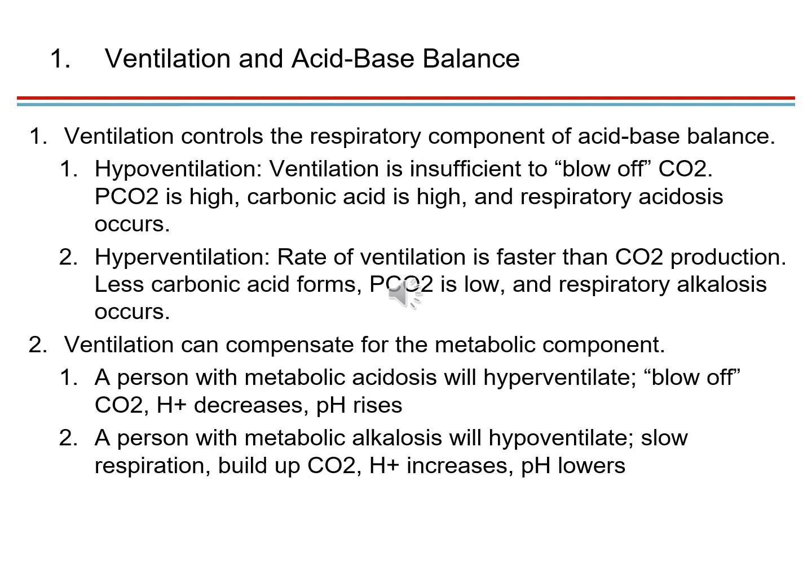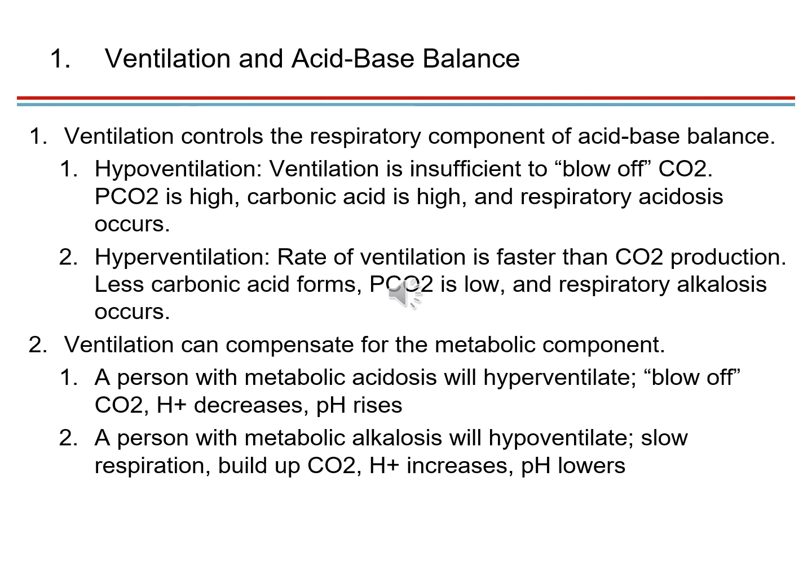As I mentioned before, the ventilation is the first response when there is a deviation in the acid-base balance. In hypoventilation, there is an insufficient blowing off of carbon dioxide, and with accumulation, the pressure of carbon dioxide in our bloodstream increases, also the carbonic acid, and the respiratory acidosis can be triggered.